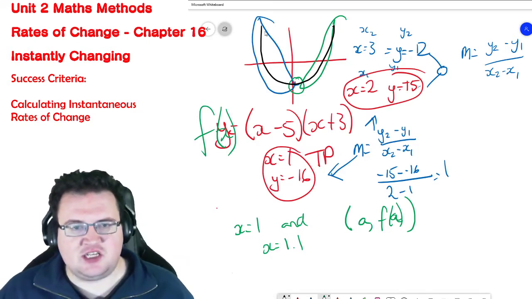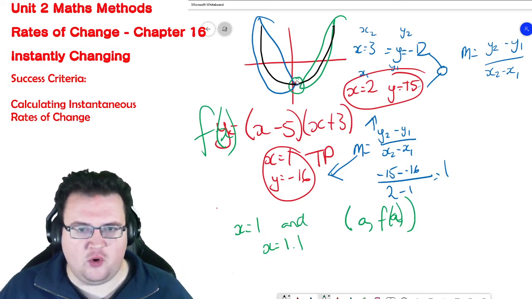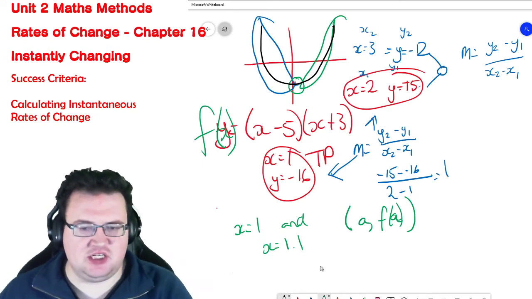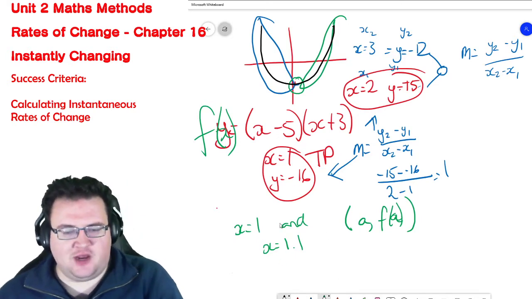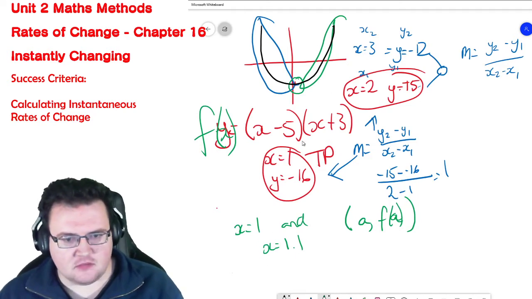So just as someone's pointed out, this is negative, this is positive, but at the turning point, the gradient is actually going to be 0. What we're going to do is look at finding the gradient between these 2 points using this equation.